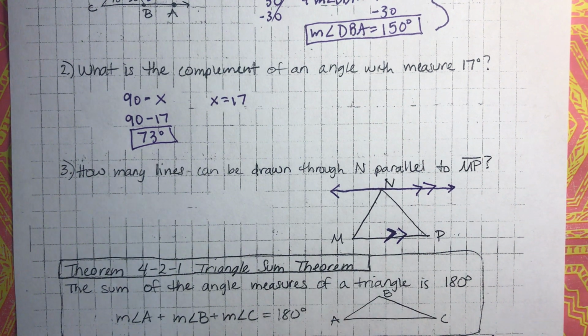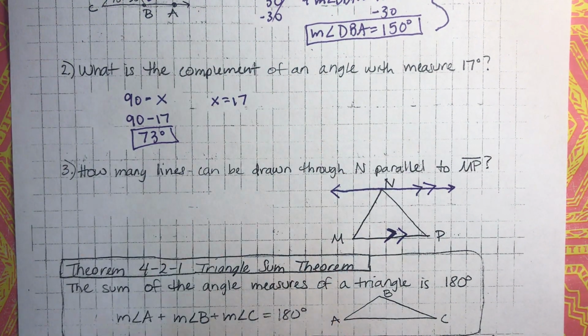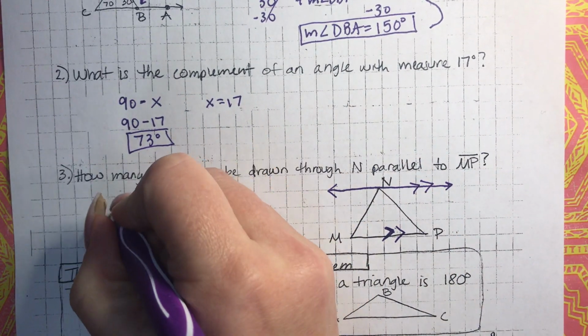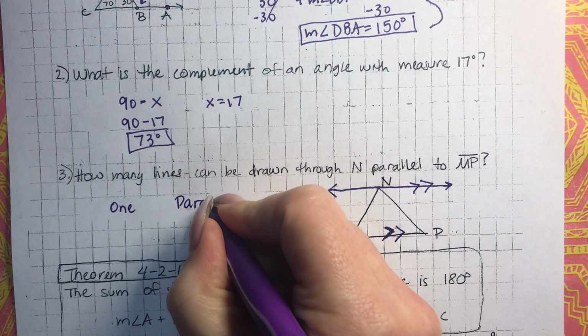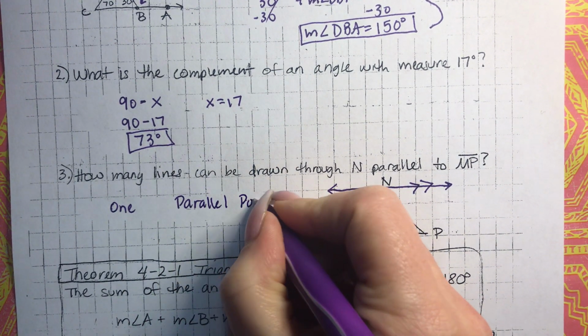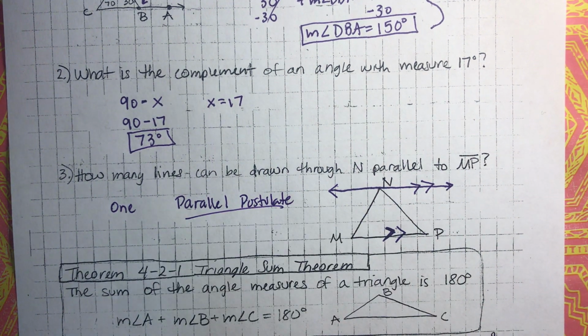Any other line we tried to draw, it's just one. And if you remember, that was the parallel postulate. Just a little review. Perfect.